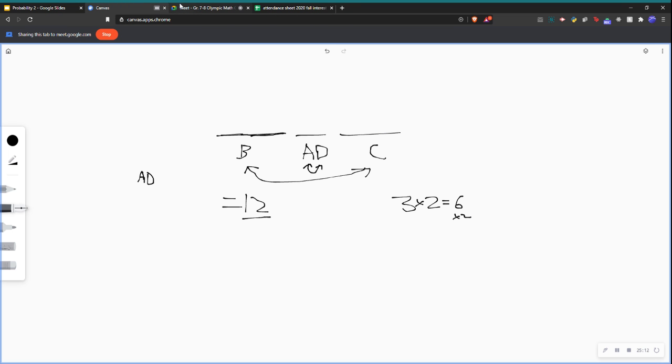And for the total number of arrangements, since we're looking for probability, we want a denominator. The total number of possible arrangements is just 4 factorial, since we're positioning 4 people in 4 different spots. So that's 4 times 3 times 2 times 1, which gives you 24. And so your probability that they get to sit beside each other would be 12 over 24.